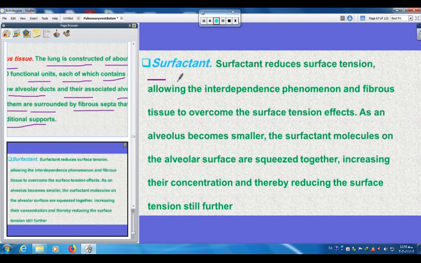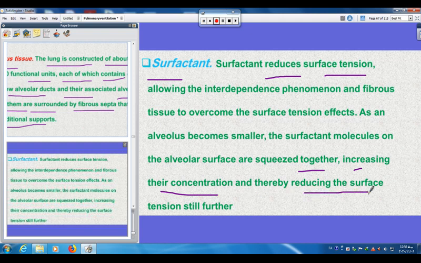Finally, surfactant reduces surface tension, allowing the interdependence phenomenon and fibrous tissue to overcome the surface tension. As an alveolus becomes smaller, the surfactant molecules on the alveolar surface are squeezed together, increasing their concentration and thereby reducing the surface tension still further.